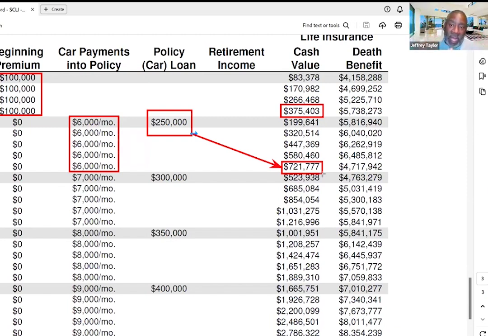And you could have structured that so that your money nearly doubled, because we went from 375 to 721, even though we only put 400,000 into the policy. Do you see the kind of return that is? That's crazy. Now, here is the power behind this. I can do this for somebody that's 65 years old. It's not your age. That's got nothing to do with this.